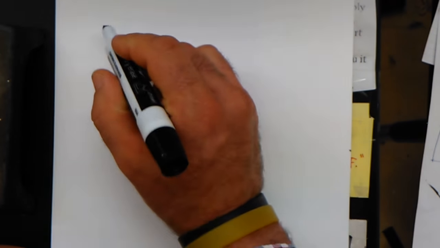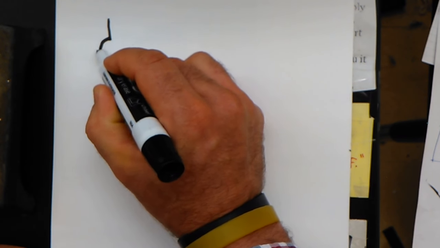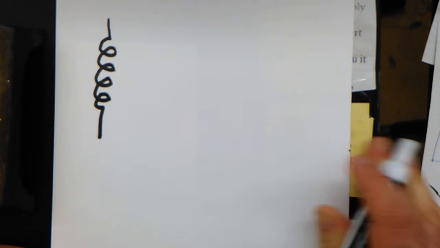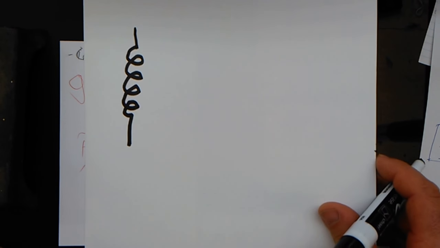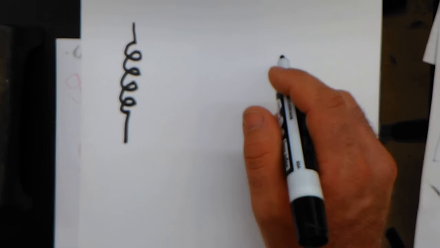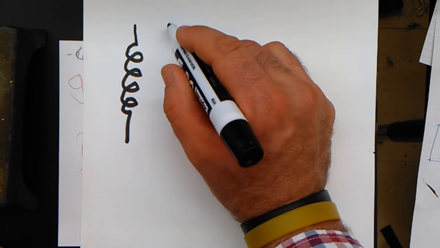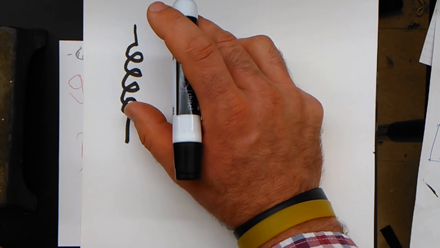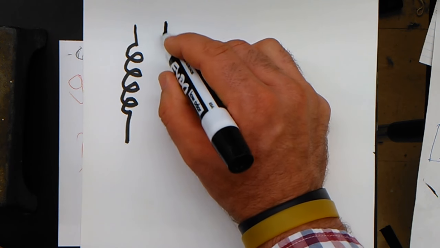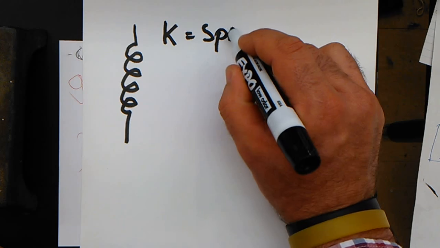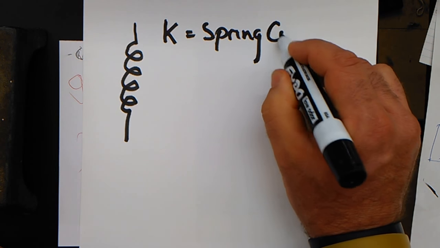So if I drew a picture of a spring, I would draw something like this. I hope you can see that. There's a spring. A spring's strength is recorded as something called a spring constant.